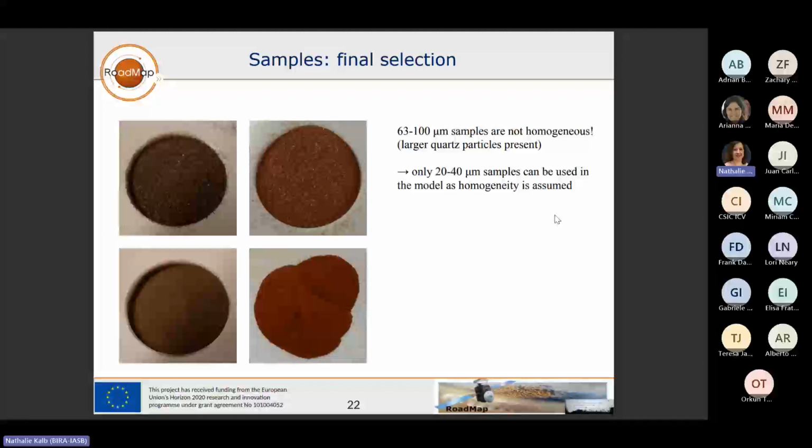The chemical analysis showed that this is actually quartz in the large size distribution. This means that the sample is not homogeneous, which is bad for a model because it assumes a homogeneous nature of the sample. So we couldn't use the larger size distribution at all, but instead we had to use only the smaller size distribution.